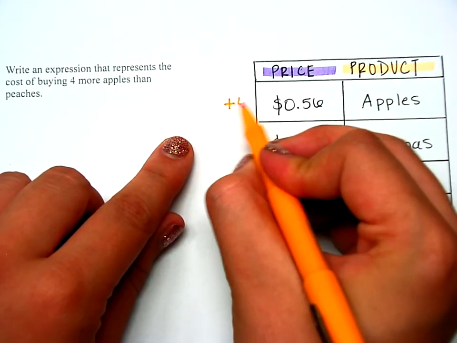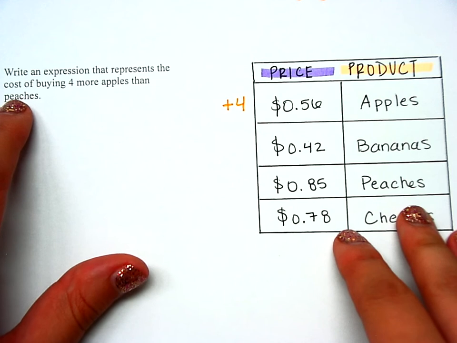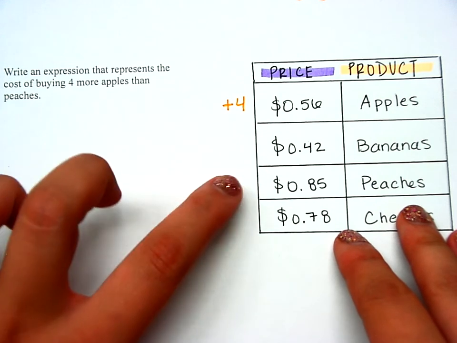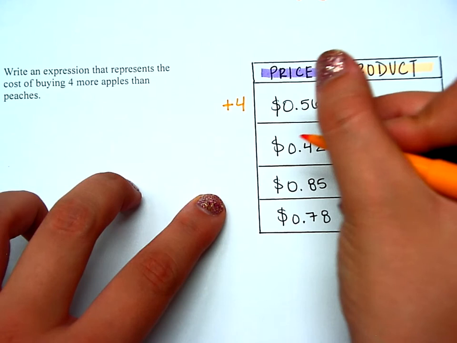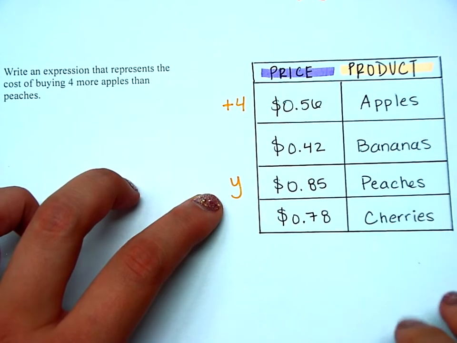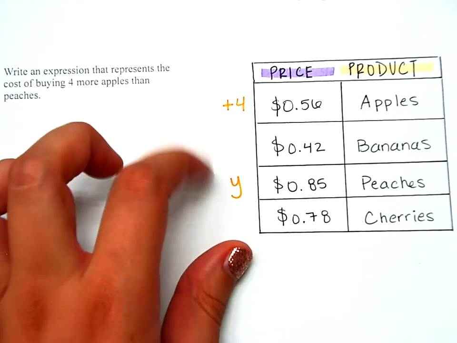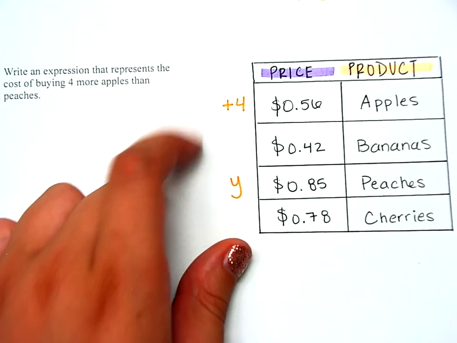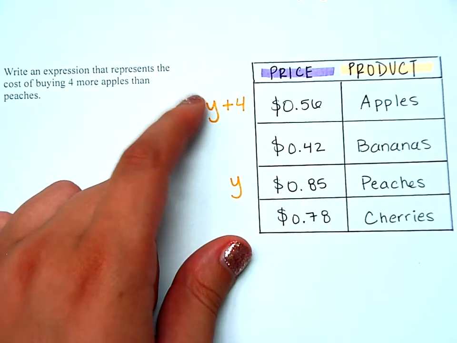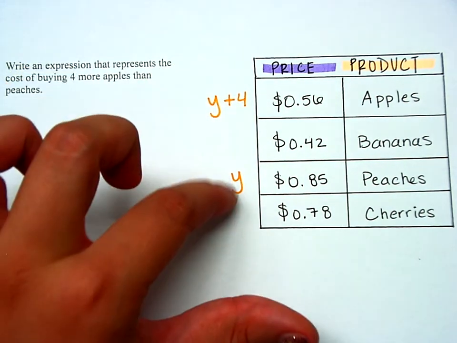So I know I'm going to be adding 4. And then it just says peaches. So I don't know how many peaches we're buying. So whenever we don't know what the value is, we're going to make that a variable. Peaches, we'll make this y. Okay, so if I want these expressions to be related to each other, y is how many peaches we're buying, and y plus 4 is how many apples we are. So see how this represents 4 more than peaches.